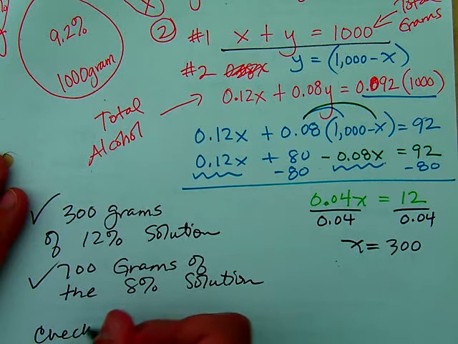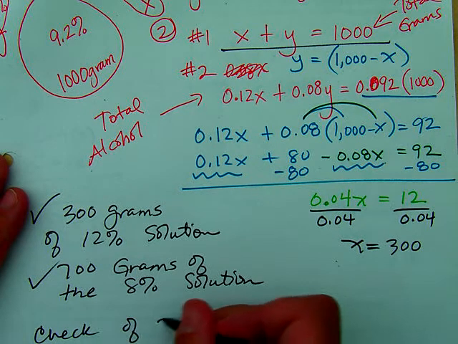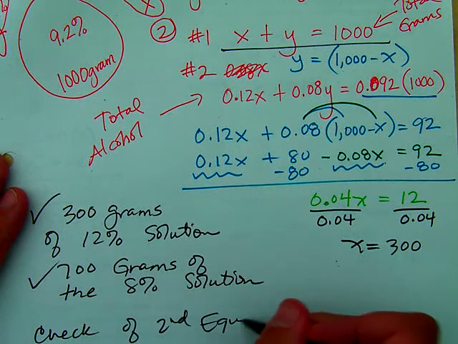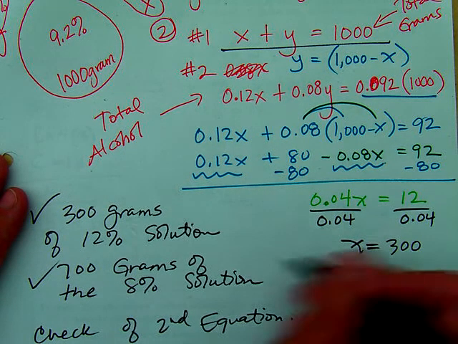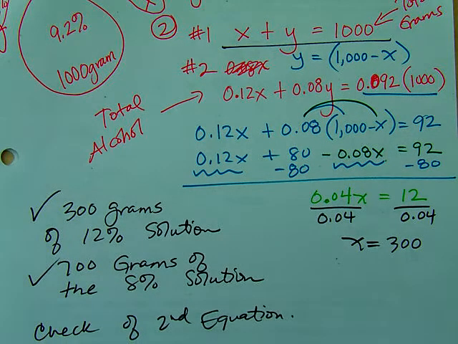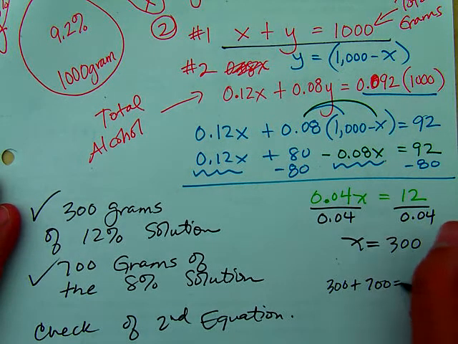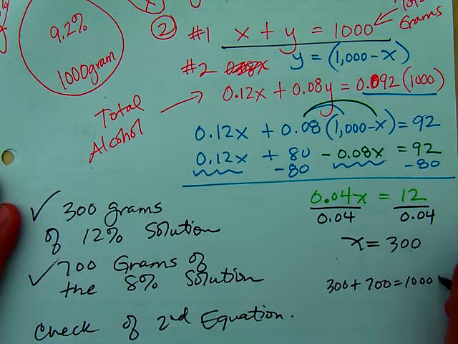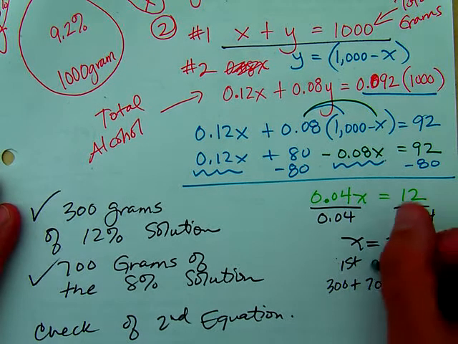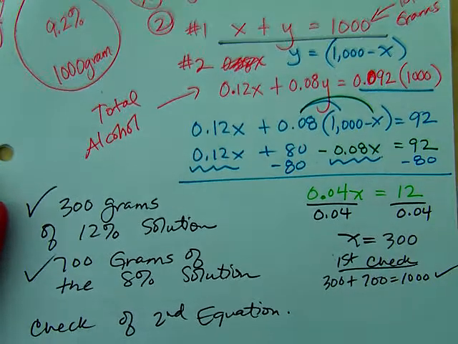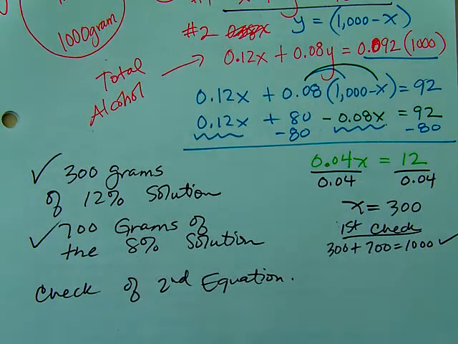Now I want to check the second equation. So you see how even though I didn't plug in 300 plus 700 equals 1,000, I'm still checking it mentally. I mean, you can write that down. 300 plus 700, it's probably best to write it down, equals 1,000. Okay, that's the first check. For the second check, I have to do a lot more math.